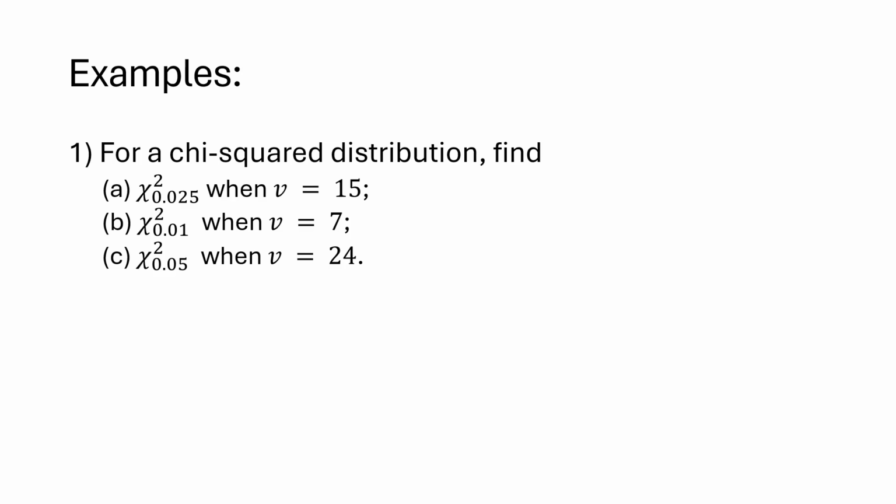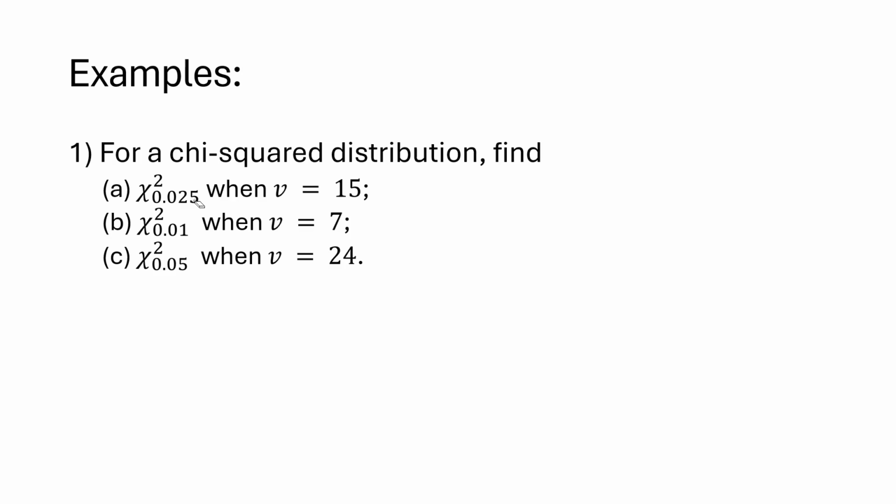Okay, so we'll solve some examples based on this. What is the first question asking? Find a point such that the area to the right of the point is 0.025.